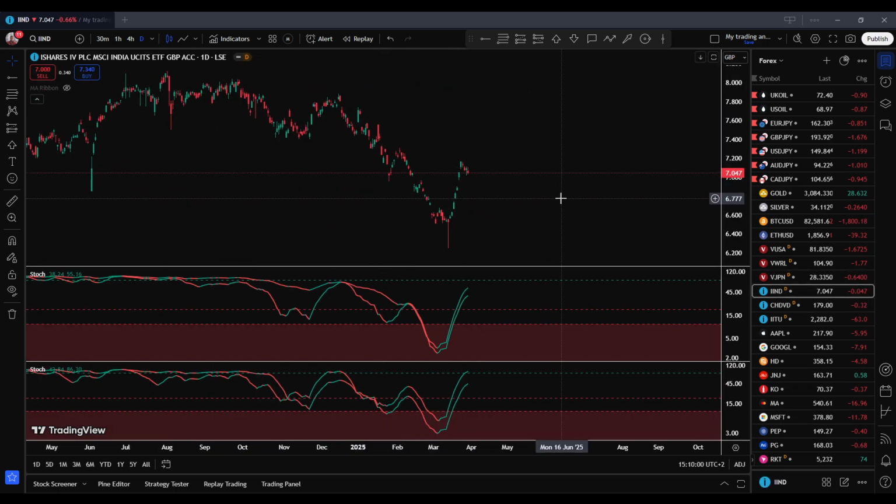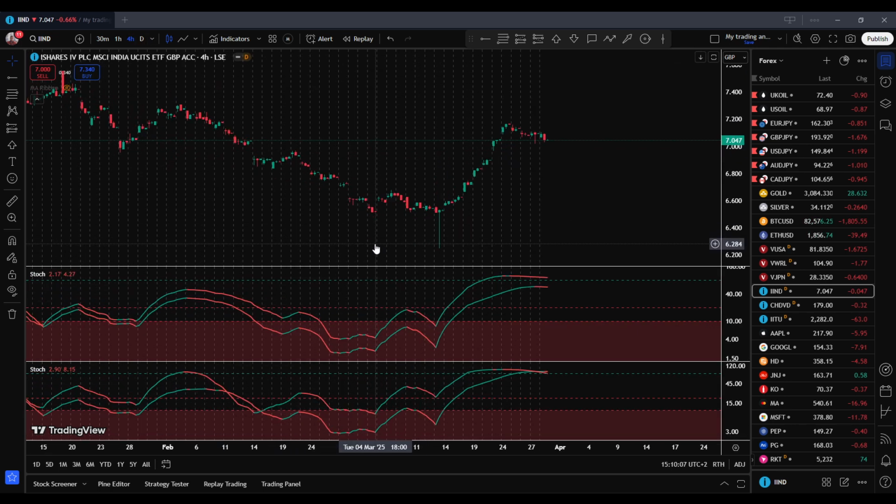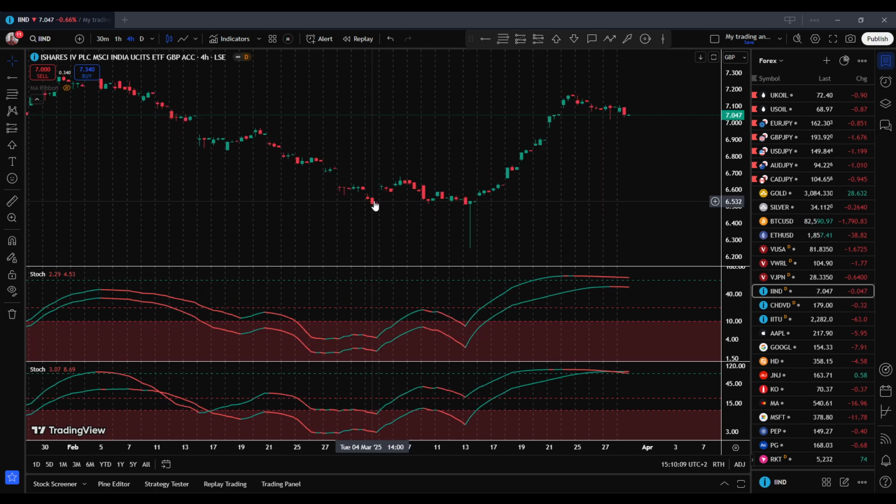iShares India stocks. On the 4-hour, we've got a signal here. You can see all stochastics oversold, change in the trend, good time to invest. You can see where the price is at the moment.